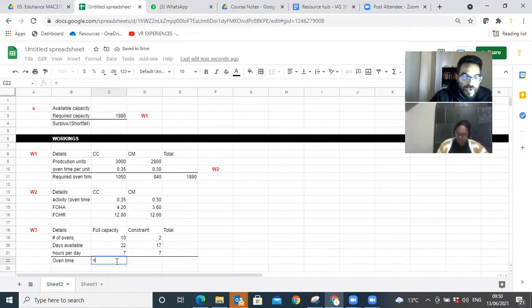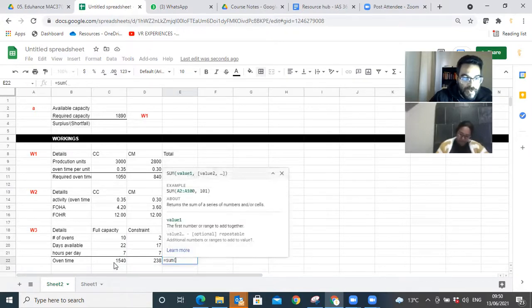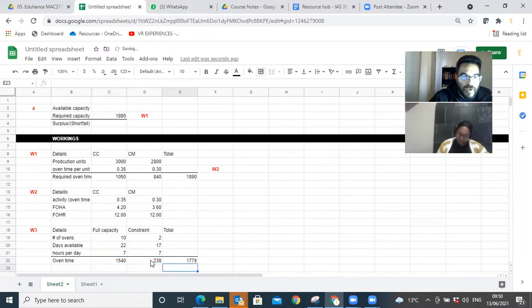So if we do 10 multiplied by 22 days, multiplied by 7, and add up, there's a shortfall. Available capacity minus required capacity, we're short by 112 hours.